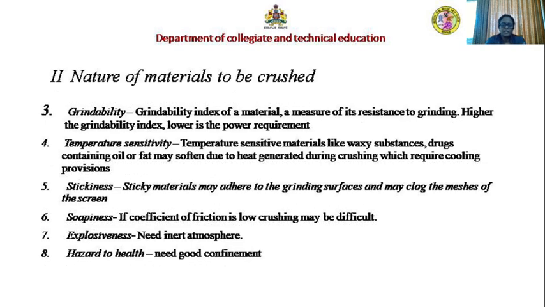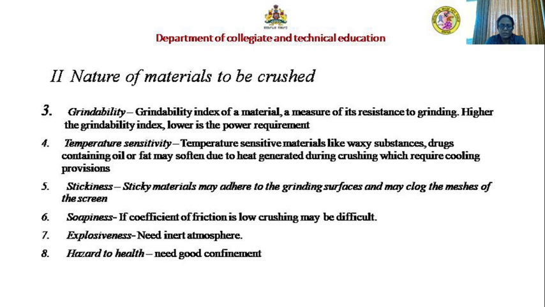So the third characteristic that influences the operation is grindability index. In fact, this is a parameter that decides how far the given material is resistant to size reduction. So this also decides what power is required to reduce the size of the given material. The grindability index of the material is a measure of its resistance to grinding.